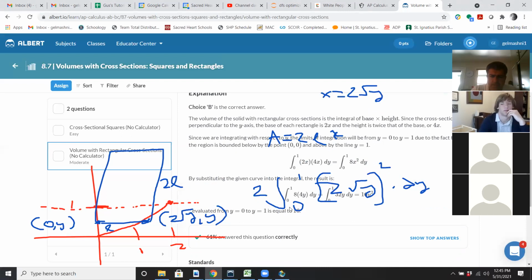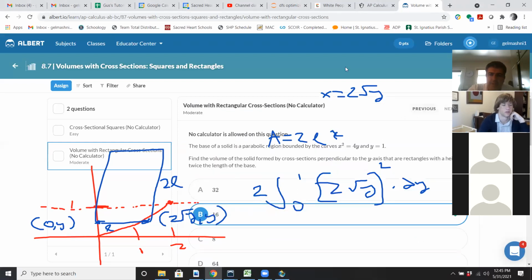It's odd. Yeah, I didn't get it in there. What did I do wrong?